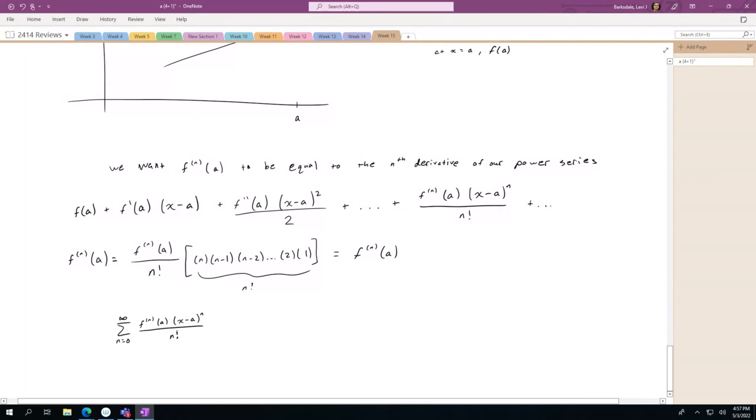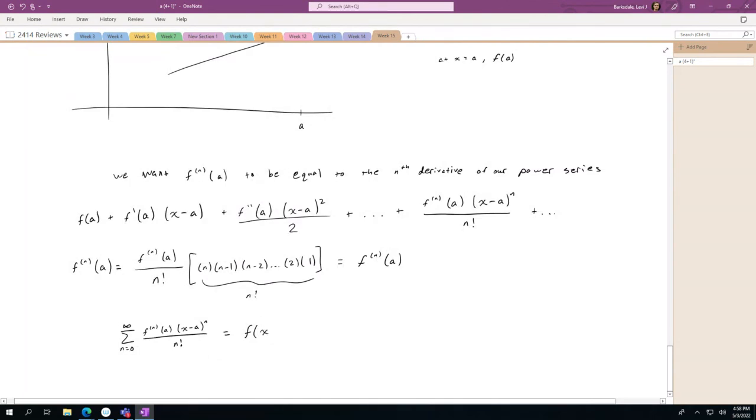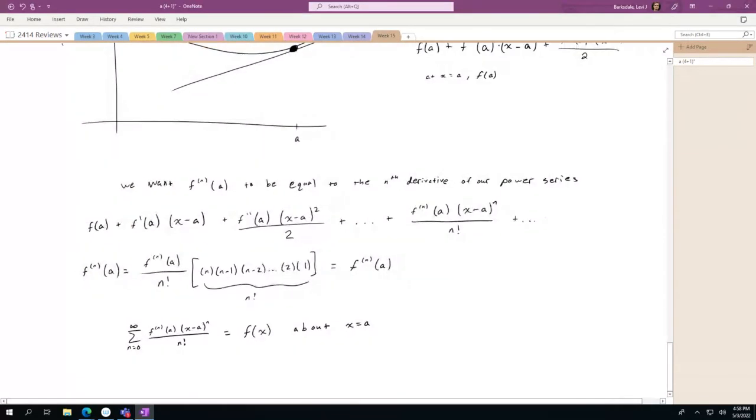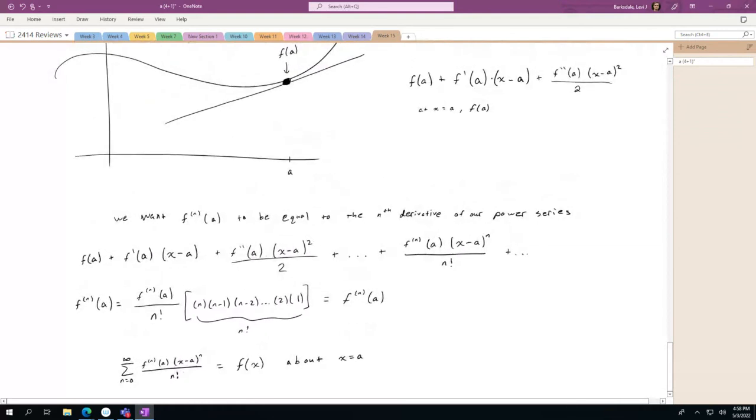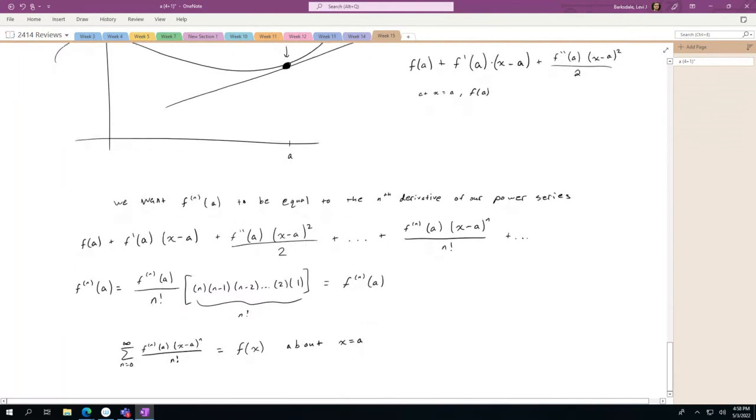All of those will perfectly match all the way to the infinitieth derivative at the point x equals a, which means that this power series would be a perfect approximation for f of x about a. And this is what we're going to call our power series representation of f of x about a. This is one way we construct it, by using the nth derivative and simply following this construction. We're basically just extending this linear approximation to higher order derivatives.